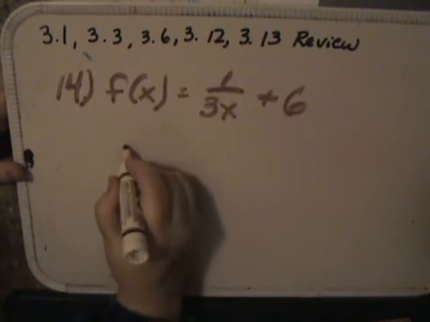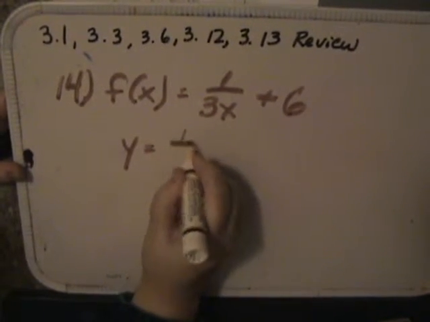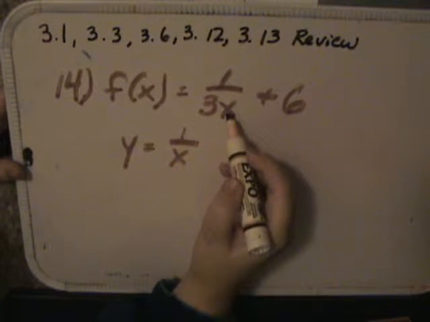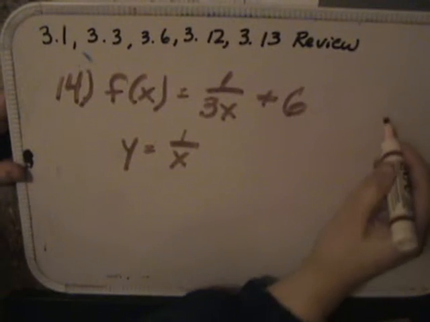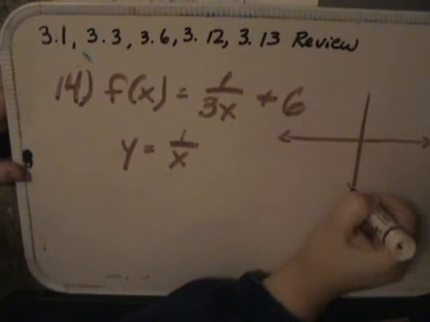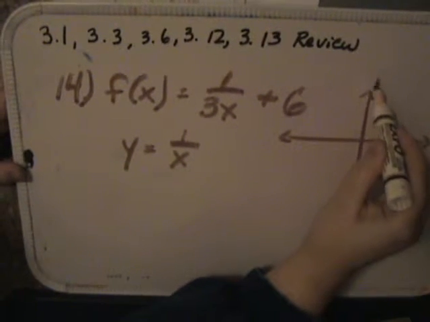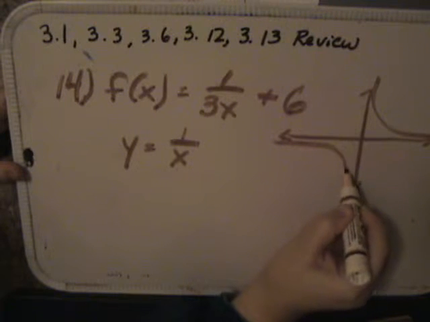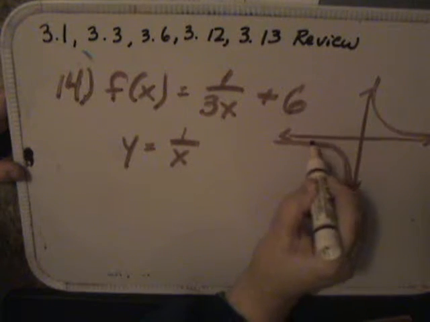My parent function was the one where we had y equals 1 over x. Then I say, okay, that's going to be the general shape, 1 over x. This is just the parent function, it's not the new one. And it's the one that goes really close to the x and the y axis, like this.